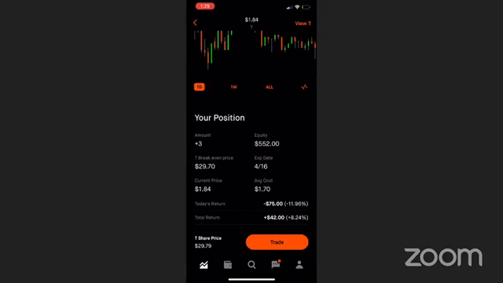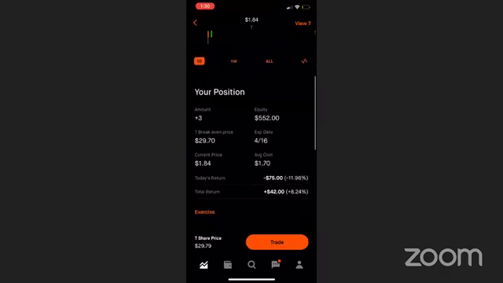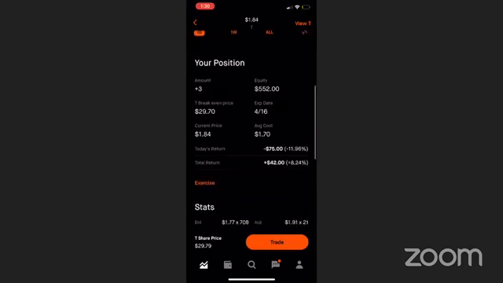It expires on April 16th, which is a Friday, because all options expire on Friday. My equity is $552. That's what these 3 contracts are worth today. The total return, I'm only up 8%, right? They're worth $42 more than I actually paid for them.